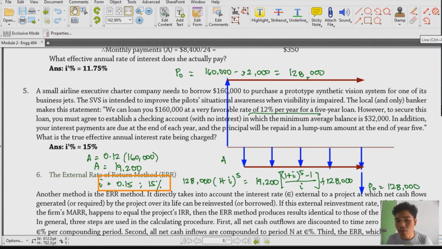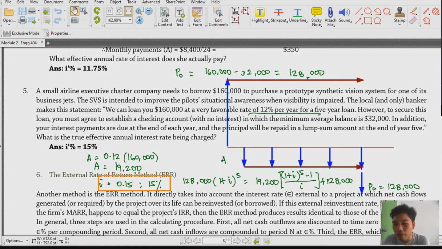So, what is the trick here? These kinds of problems are especially tricky when it comes to finding the value of A. Imagine you think about the rate of 12%, you might think that since we have a 12% interest rate, you could compute for the value of A, the unknown, using 128,000. That must be a pitfall trap.